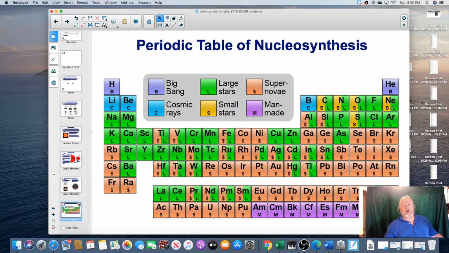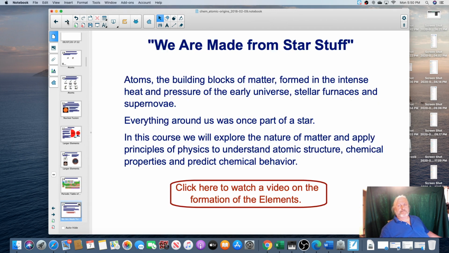Neon in small stars and large stars. Supernova, they would form iron or cobalt or nickel, the rest of them, right? And then we have some man-made elements and some more up here that we make ourselves. And they don't last very long. We'll talk about those later.